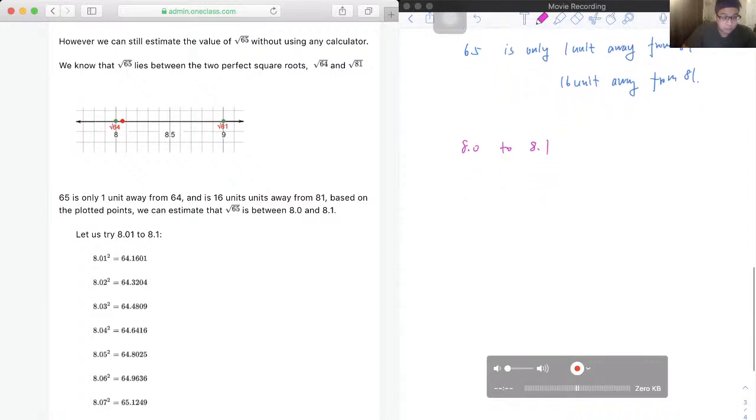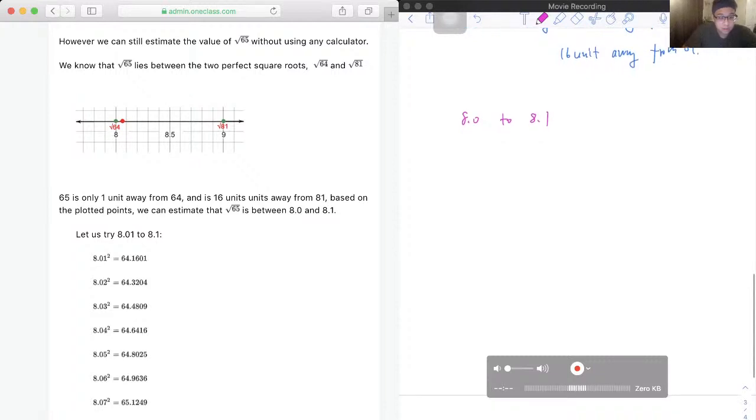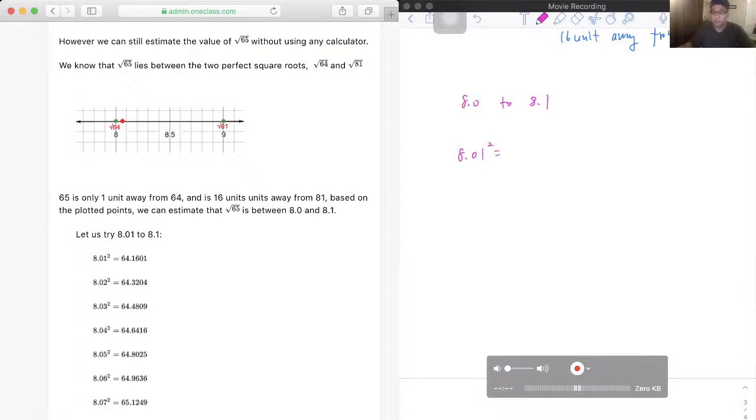So let's try 8.01 squared, which is 64.1601, and then we keep calculating. 8.02 squared is 64.3204, and all the way to 8.06 squared, which is 64.9636.